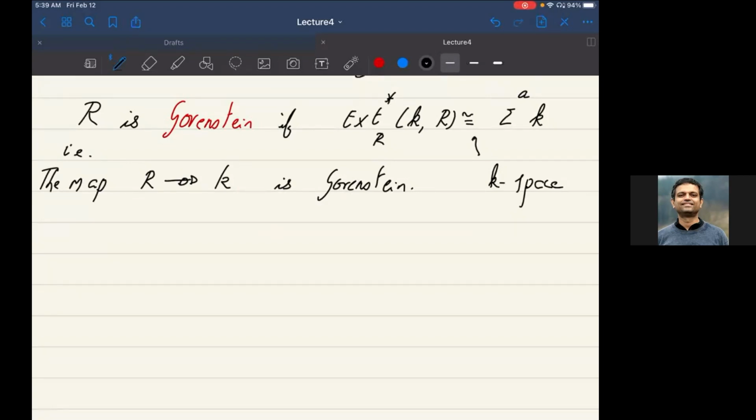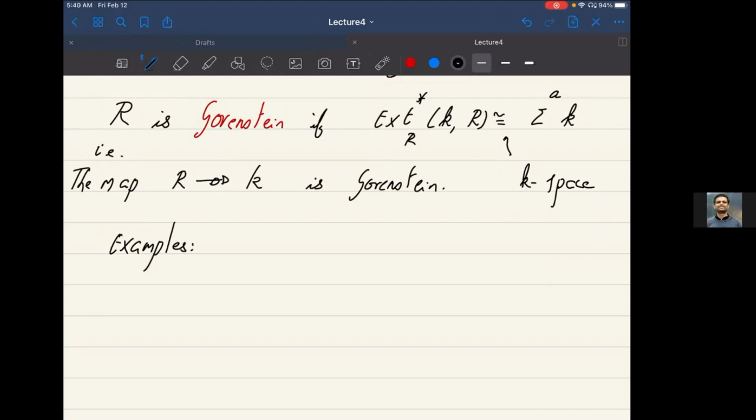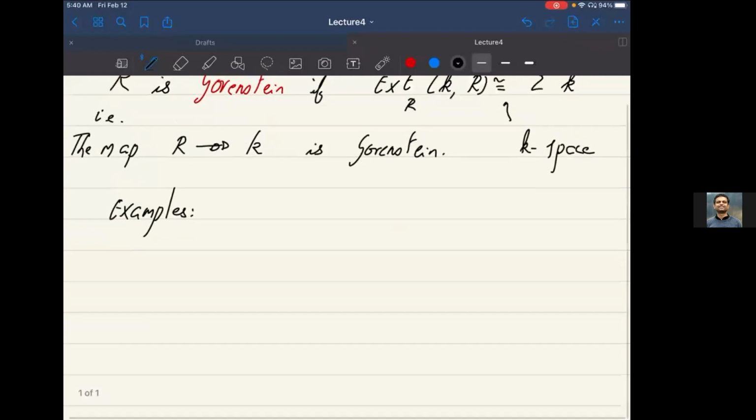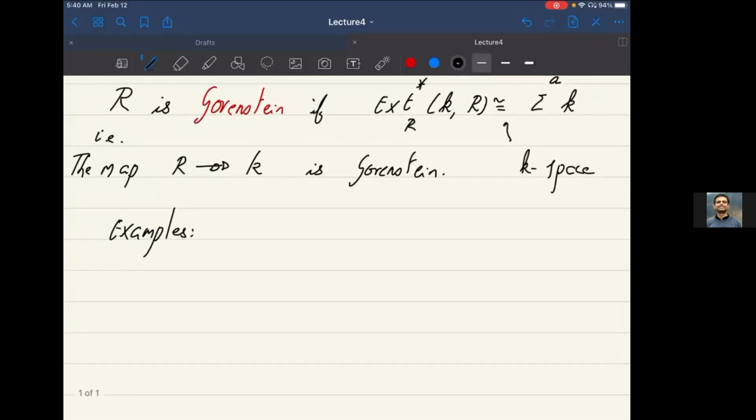I should tell you that the reason these are so important is that they come up all over commutative algebra, algebraic geometry, and as you'll see also in other parts of the mathematical world, suitably interpreted.